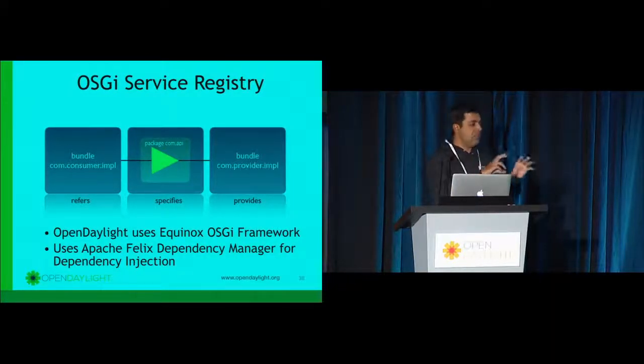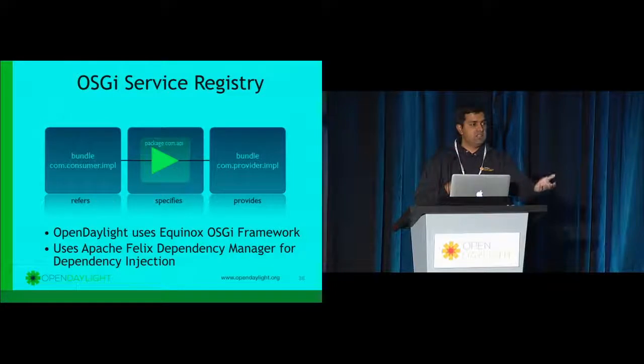So that is the real key there. Once you express, okay, I'm dependent on this service and I'm exposing this service, the Apache Felix Dependency Manager knows how to sequence the dependencies and how to do the ISSU when a given bundle goes down, and so on and so forth, right?